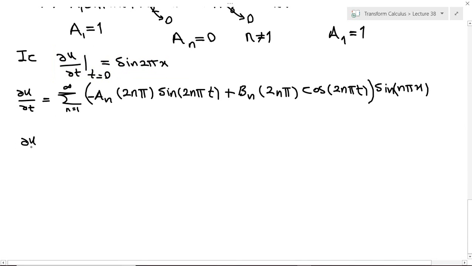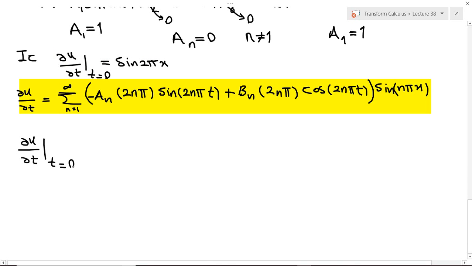So the derivative of u with respect to t at t equal to 0 is equal to the summation of n from 1 to infinity. So we have an times 2n pi times sine 2n pi t. Sine 0 is equal to 0, so this term is gone. Here we have bn times 2n pi times cosine 2n pi t. Cosine 0 is 1.